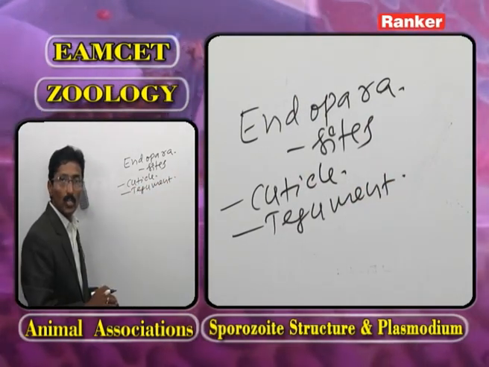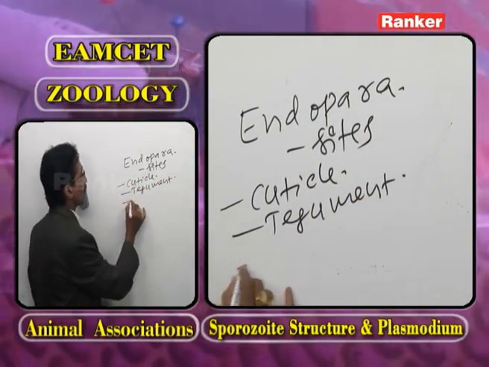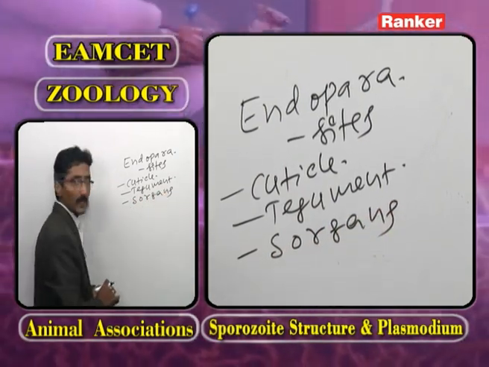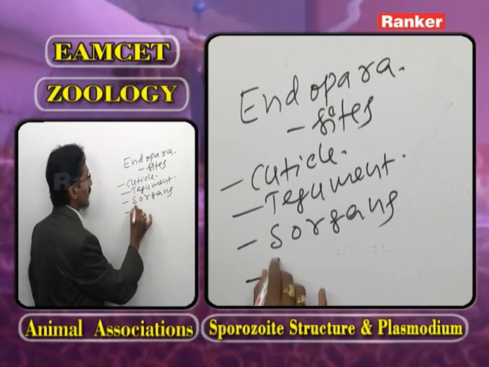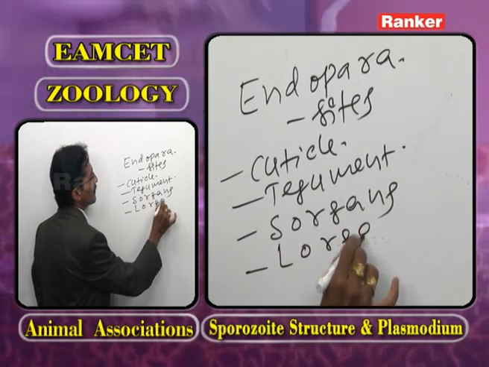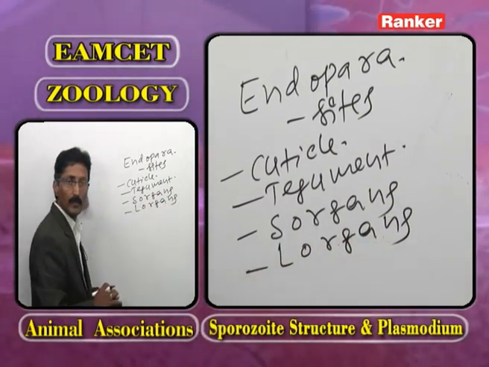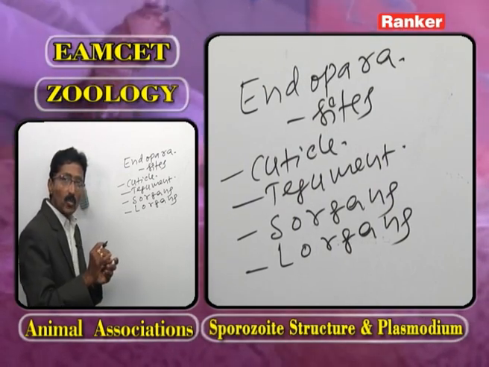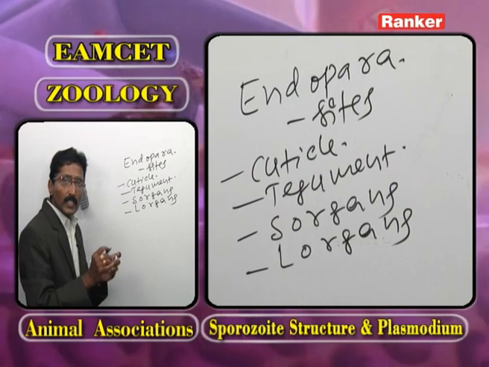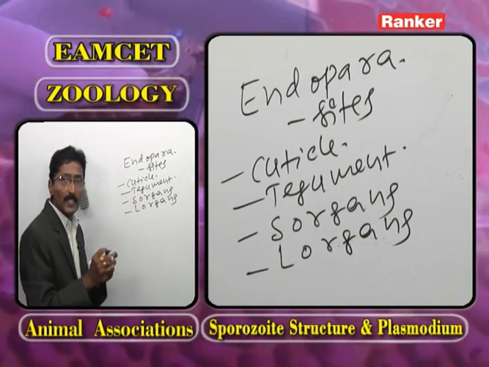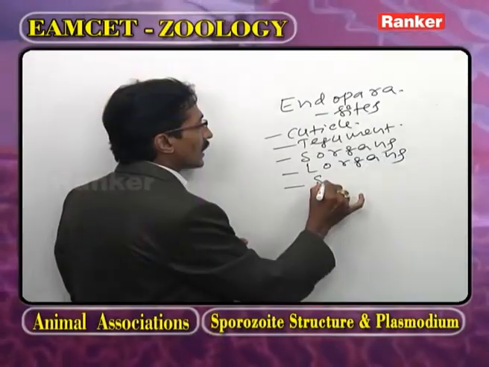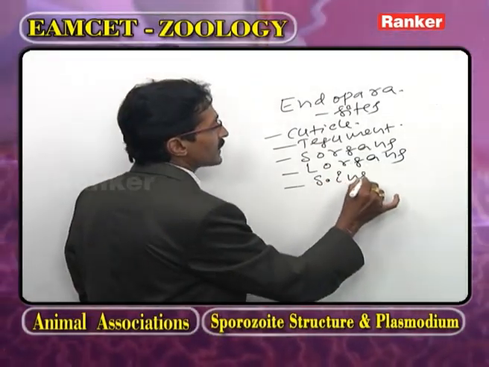In endoparasites the sense organs are absent, and the locomotory organs are absent. Some endoparasites, to continue their life cycle, complete it in blood-sucking insects. They are called sanguivorous insects.